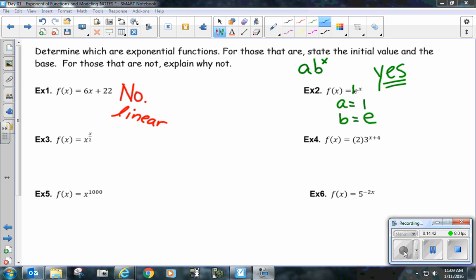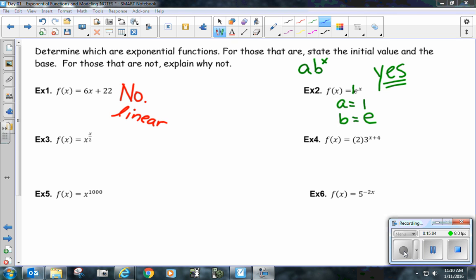What about 3? I'm hearing no's and yeses. Maybe. Well, what's one thing besides looking for an initial value and base? Why do you know whether something's an exponential or not? The variable's in the exponent. So here's the debate. Is 3 exponential or not?